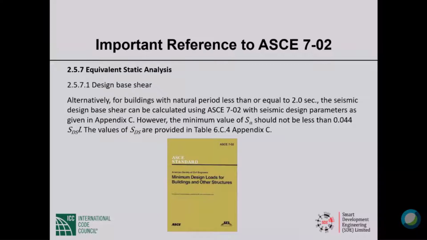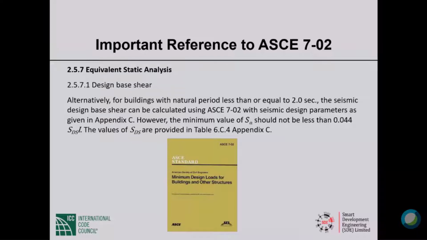However, the minimum value of S sub a should not be less than 0.044 S sub DS times I. The values of S sub DS, okay, those details are unnecessary. The point is that reference is made to ASCE 7-02, and I could not figure out why. In my opinion, this is not the right reference.